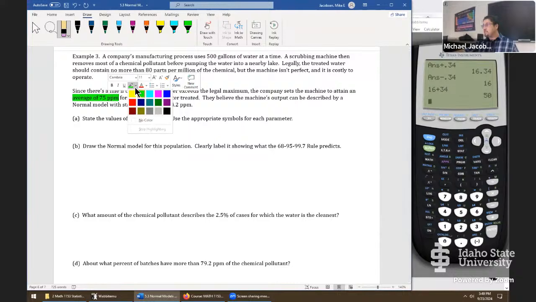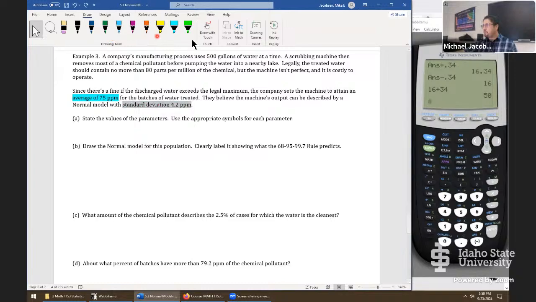Always synonymous in this class. Oh dear. Let me fix that real quick. We always use blue for mean, I believe. I'm going to try to keep that color coding consistent. Goes on to say, they believe the machine's output could be described by a normal model. So normal distributions back on the table, with a standard deviation of 4.2 parts per million.